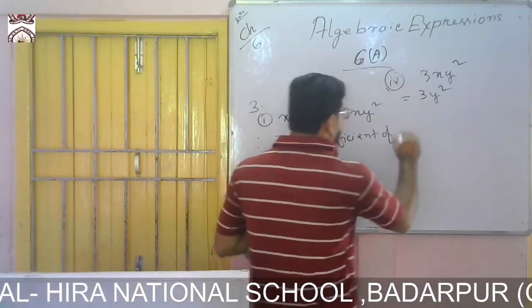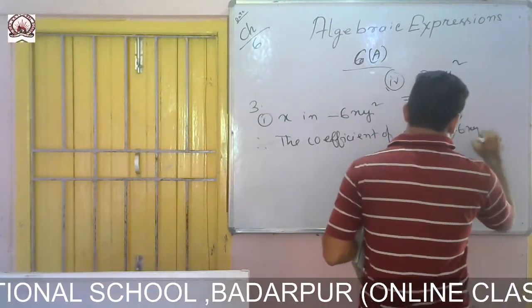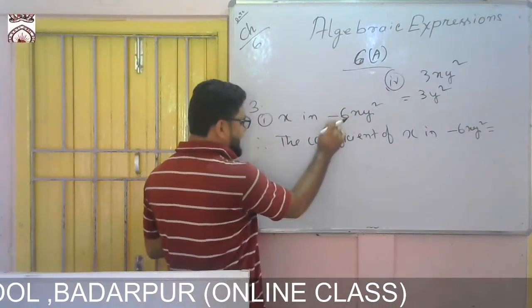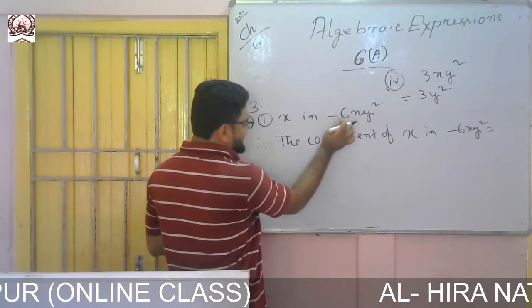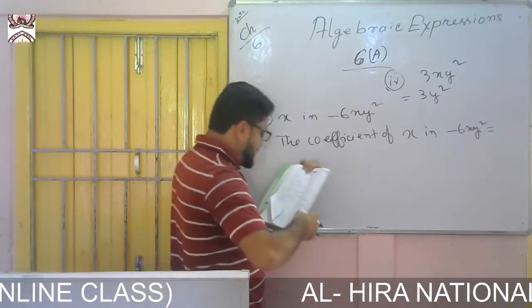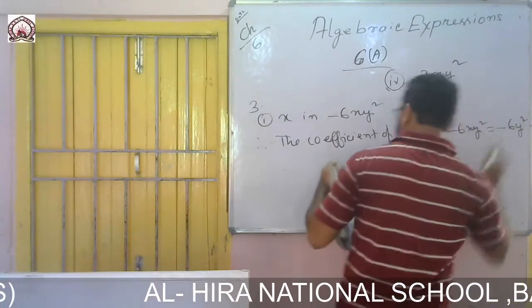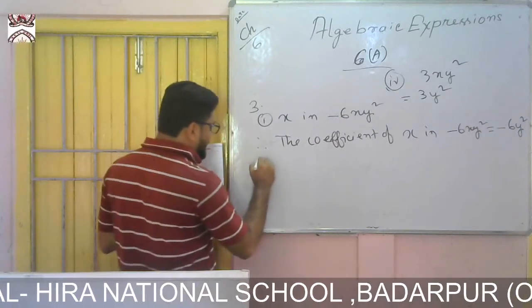The coefficient of x in minus 6xy square equals to what? Leaving x, what is there? Minus 6y square. So minus 6y square is the coefficient.